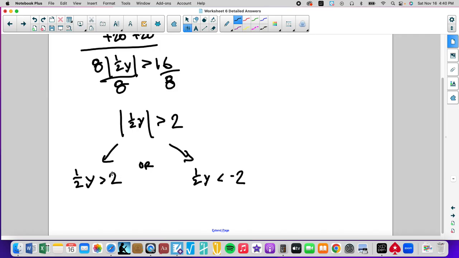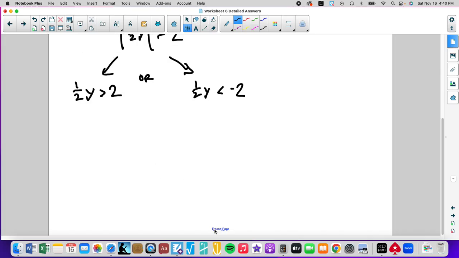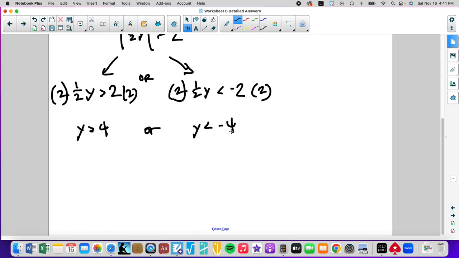So not only do we take the positive and negative direction, this distance, but we also have to flip the inequality sign. So we'll multiply by 2. We get y is greater than 4, or y is less than negative 4.